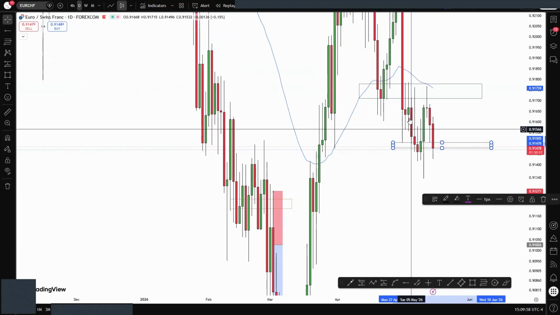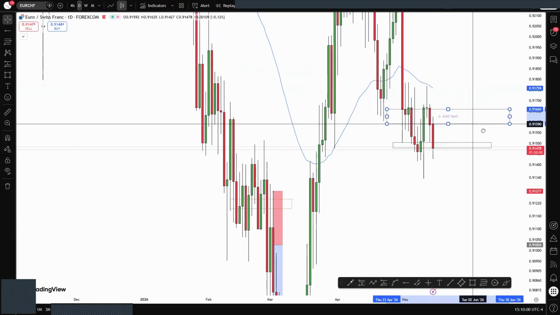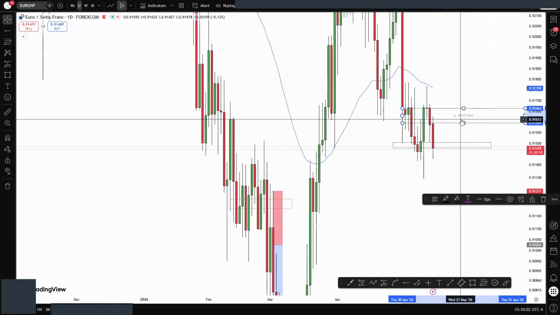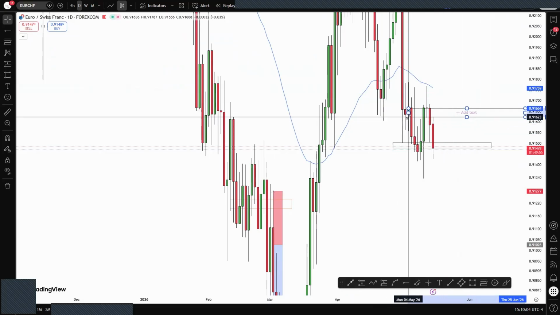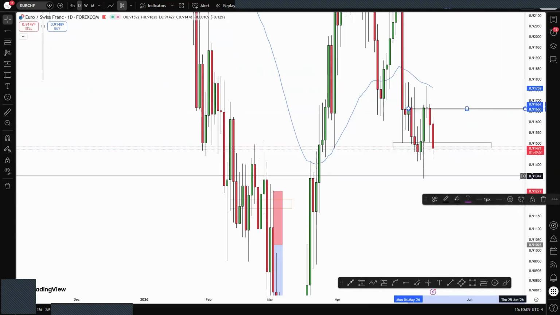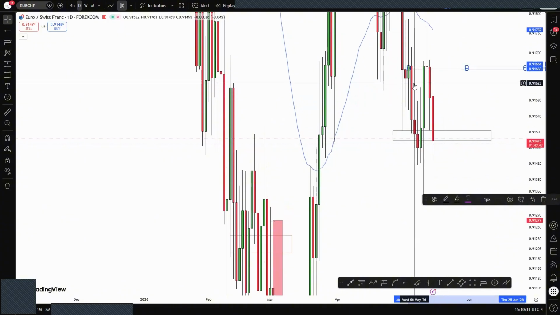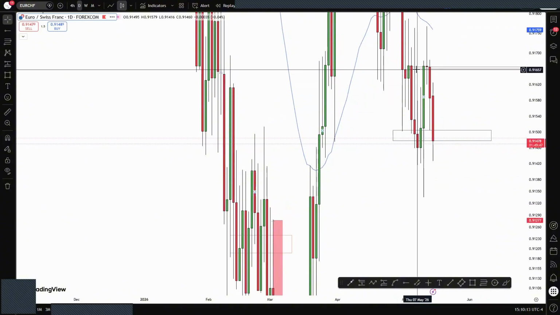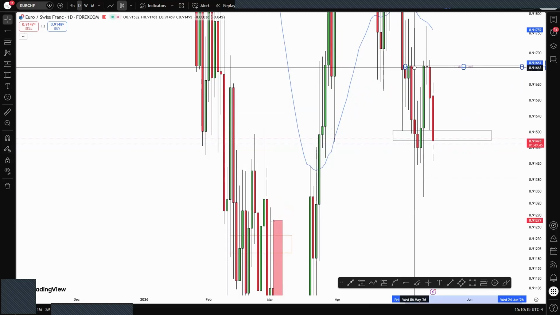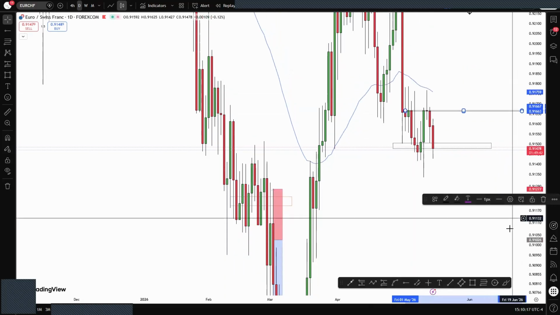But yeah, this can be my lower high actually. It looks clean, so that's my lower high. Luckily we didn't break above, so we are still bearish.